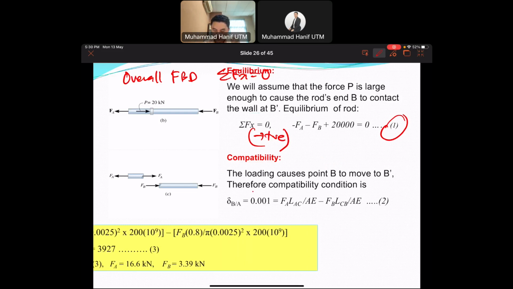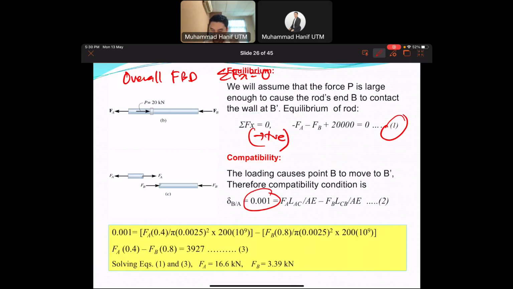It should be 1 millimeter. And then the same equation as the previous one, where delta A minus delta B equal to 0.001 for this case. From here, the target is to find FA and FB. Two unknowns, so we have to develop two equations.